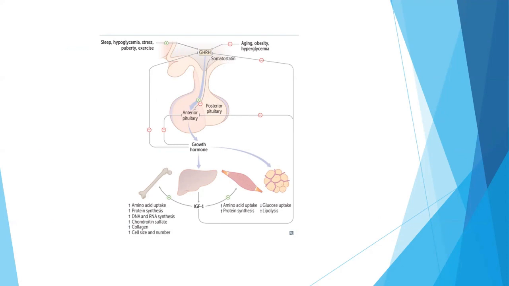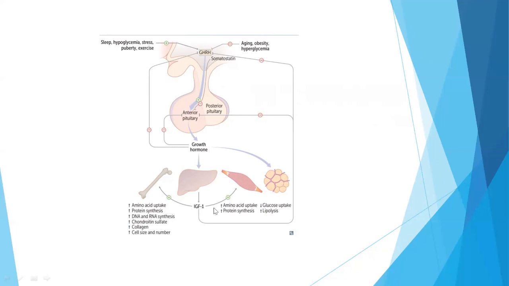So sleep, hypoglycemia, stress, puberty, and exercise stimulate the growth hormone releasing hormone secretion, and aging, obesity, and hyperglycemia inhibit it. Now the growth hormone releasing hormone acts on the anterior pituitary, and then it releases the growth hormone. Now this growth hormone acts on the liver, and the liver produces IGF-1, that is insulin-like growth factor. It is a growth hormone derivative.